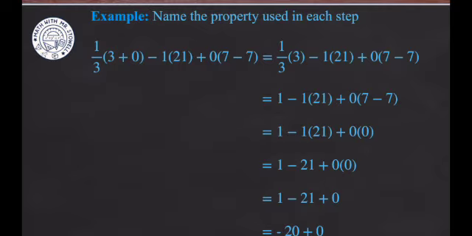Let's name the property used in each step. So if we have this right here as our expression, let's state what was done. For this first part, the only thing that changed is this 3 plus 0 turned into just 3. What property was that? That was our identity for addition. So let's put plus, and let's say identity.